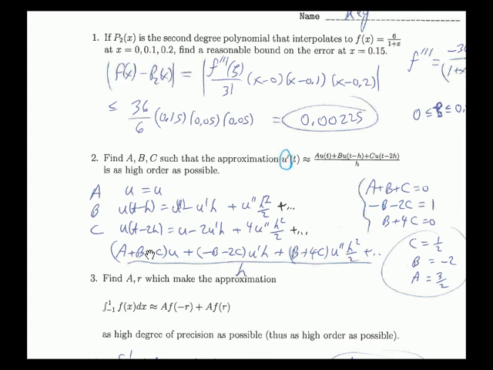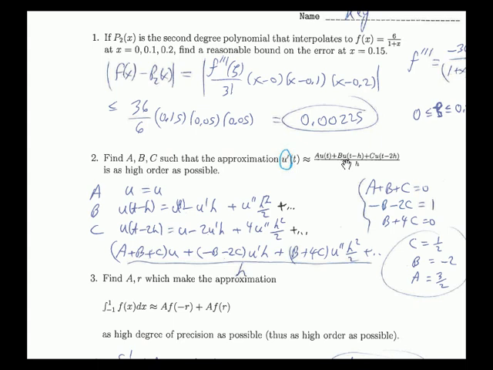So let's try to make this 0 and the second derivative term 0, because we're trying to approximate the first derivative. And we want minus b minus 2c to be 1, because, see, the h's cancel. So if minus b minus 2c is 1, and a plus b plus c is 0, and b plus 4c is 0, that gives us three equations, three unknowns. We solve them, and that's the choice of a, b, and c, which makes it as good an approximation to u prime as possible.